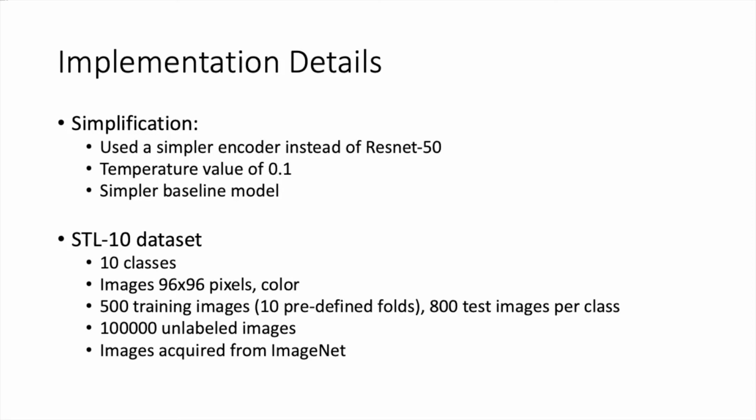That means we have a total of 5,000 training images and 8,000 test images. And we have 100,000 unlabeled images, which we need to learn from. This is a very common dataset used for unsupervised and self-supervised learning. All these images are acquired from the ImageNet dataset.